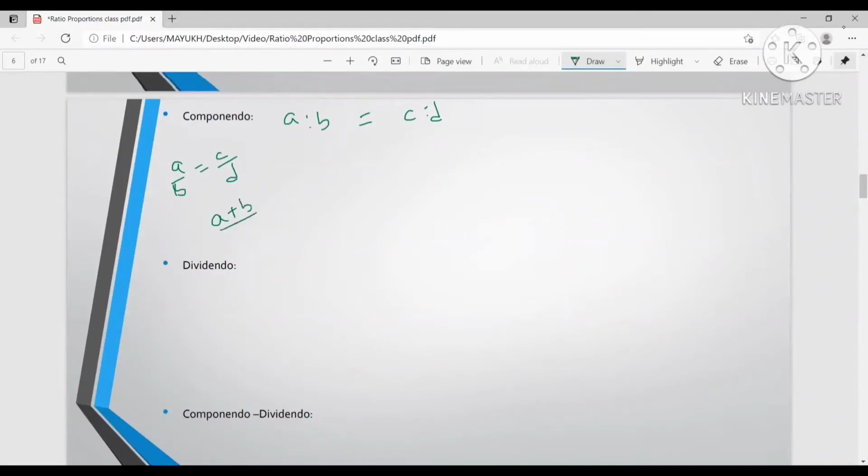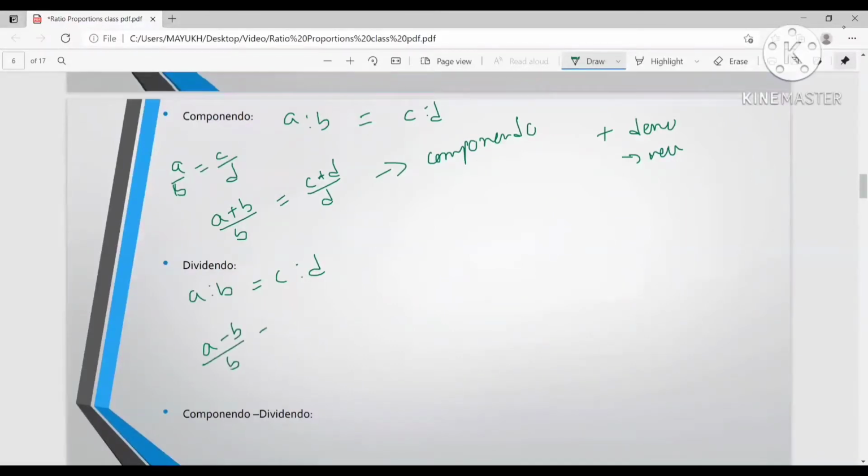So A plus B by B is also equal to C plus D by D. This is known as componendo. Similarly, in dividendo, we do the opposite: we subtract the denominator from the numerator. A minus B by B is equal to C minus D by D. So this is dividendo.